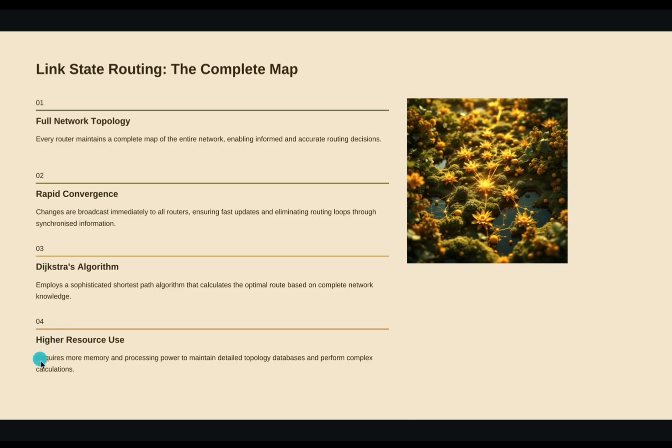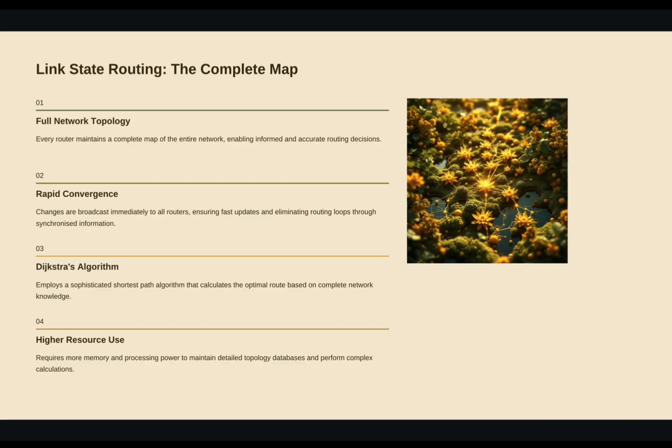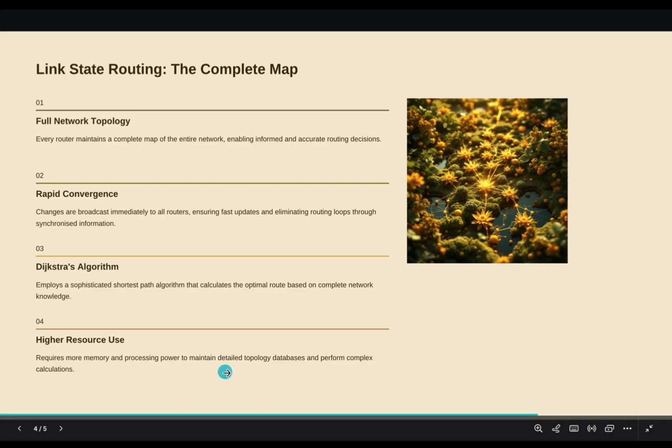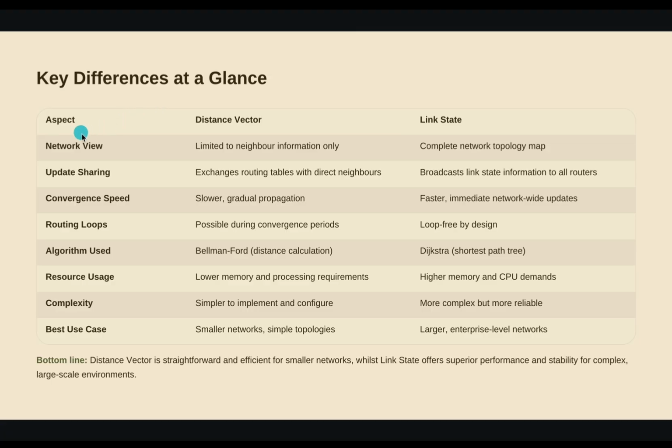And last one, higher resource use. It requires more memory and processing power to maintain detailed topology databases and perform complex calculations. So let's see the key differences at a glance. Network view. In distance vector, limited to neighbor information only, but in link state, a complete network topology map.